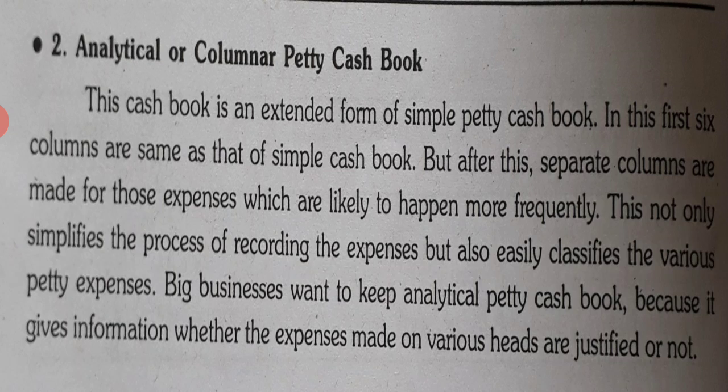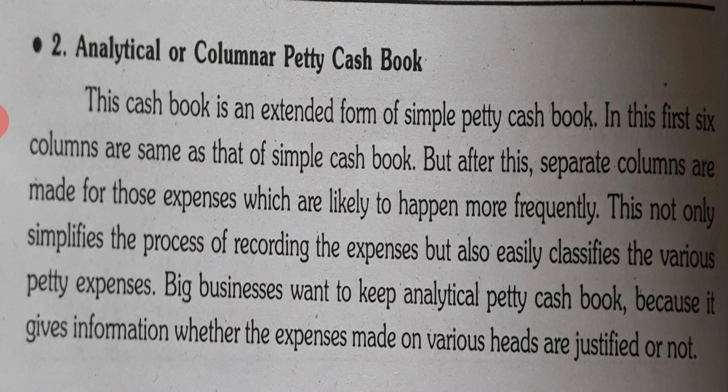Second is analytical or columnar petty cash book. Actually, this is the extended form of simple petty cash book, for which different columns are made for the expenses of the same type, of the same nature, so that it can be observed where the expenses are high and where the expenses are low.